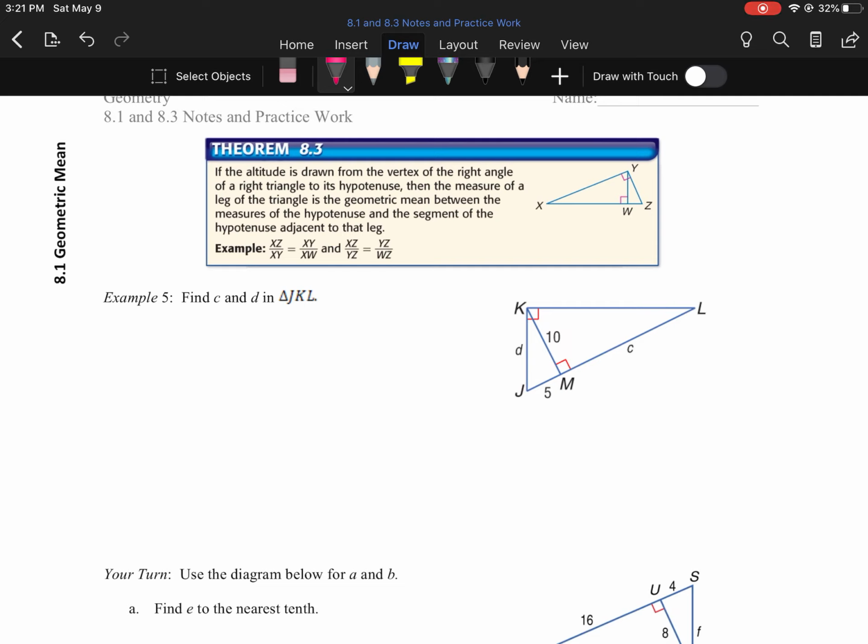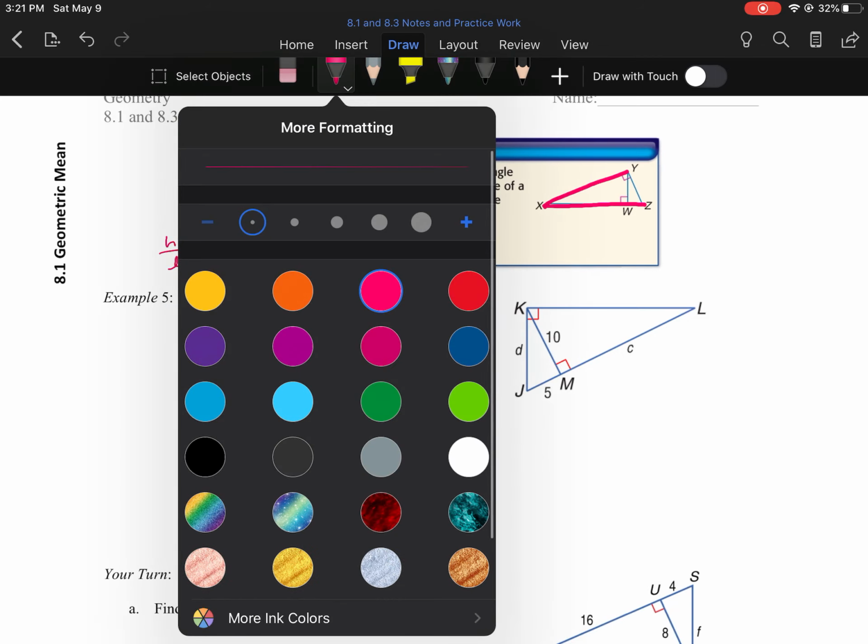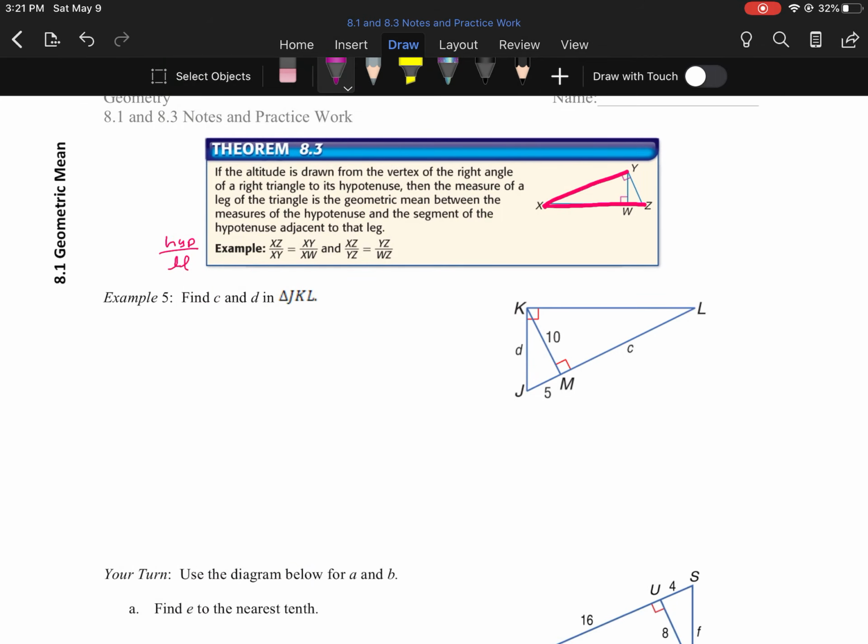It says x to z, so the whole big length, over x to y, so hypotenuse over long leg. So I'm going to write hypotenuse over long leg is equal to, let me get a different color, xy to xw. So it's saying those two little pieces. And then it also goes with the smaller triangle there.